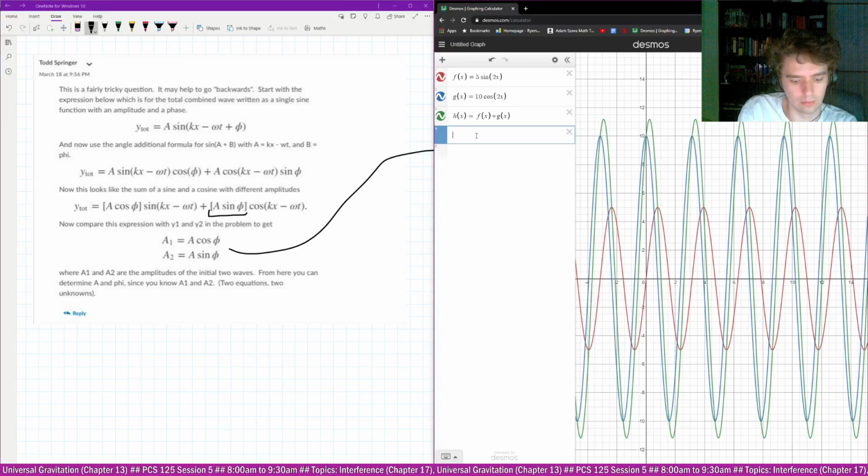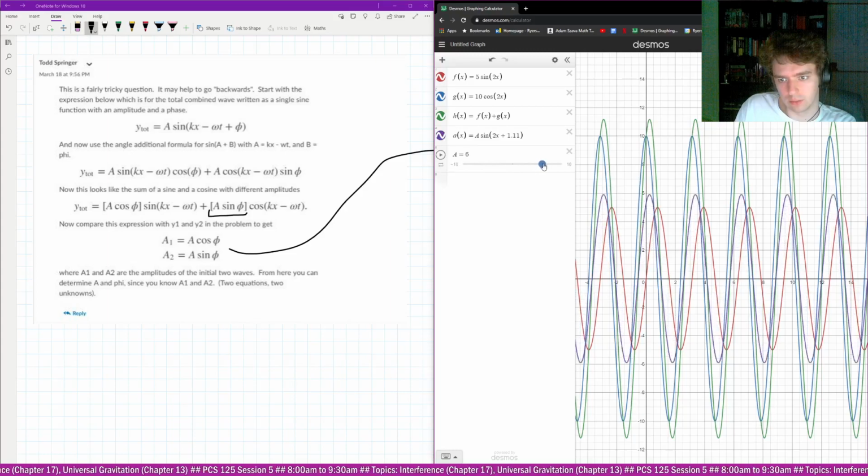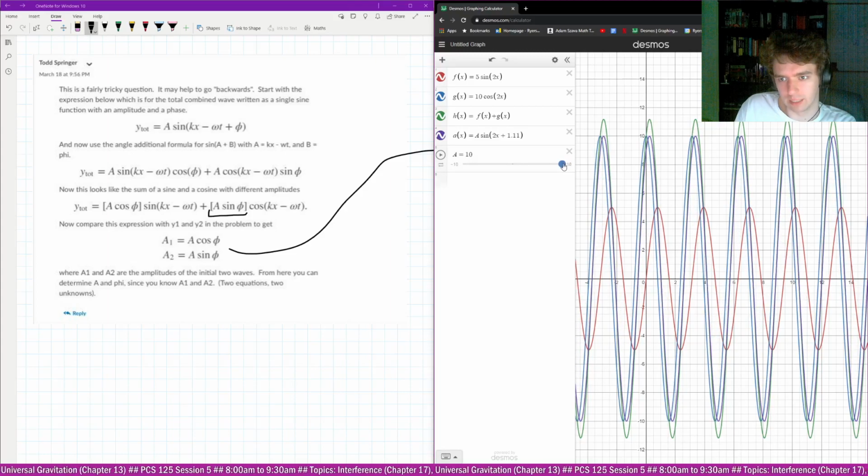So let's say a of x equals A sine of 2x plus some phi, and the phi's that we chose were 1.11 and 4.25. Let's try the 1.11 first. I'll make A look like it's about the same size, and that looks right.